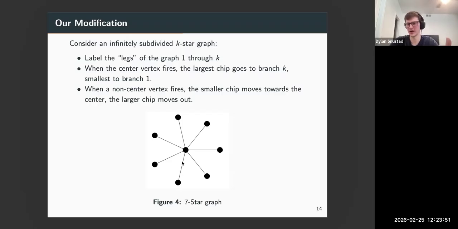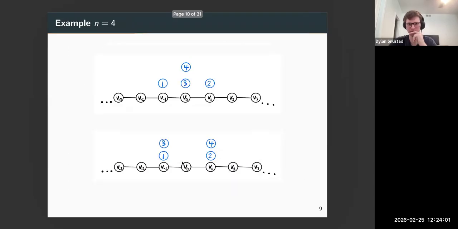So if I look at the 2-star graph, this is very similarly related to the Klivans Liscio or the McConville Propp game up here. But there's a slight modification that I want to point out, which is that even in our case, if we're looking at a 2-star graph, when I fire something off of the center vertex, the big chip always is going to go out.